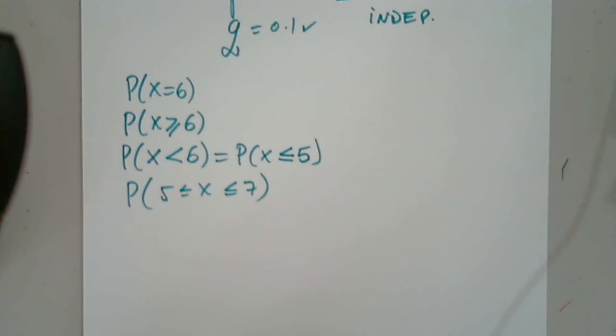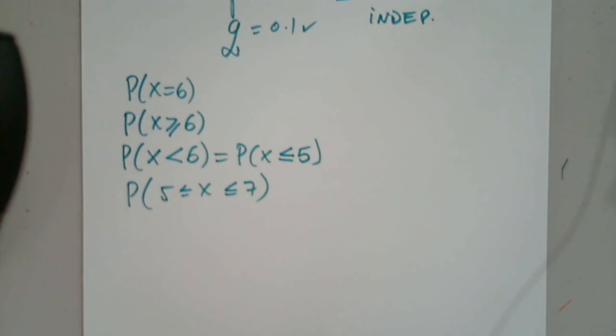So let's go directly to StatCrunch, since we have it ready here. Second one up here. Okay, n, we have 8. I want equal to.